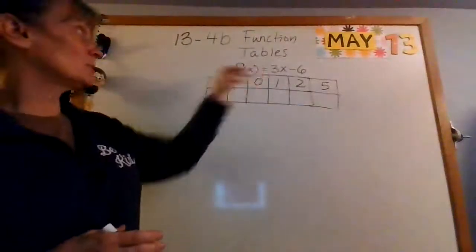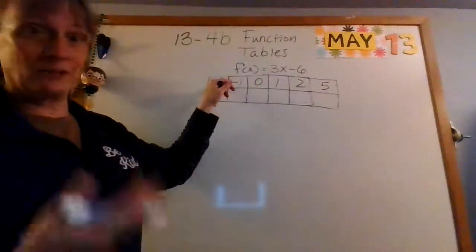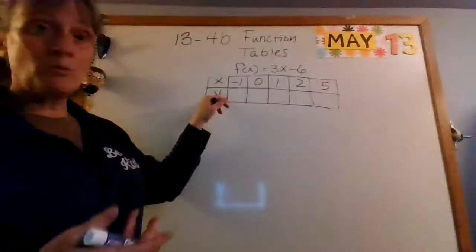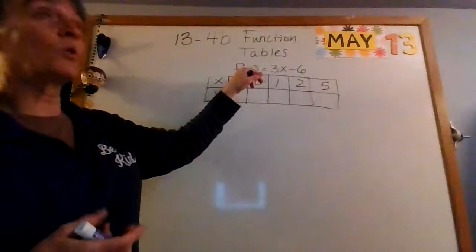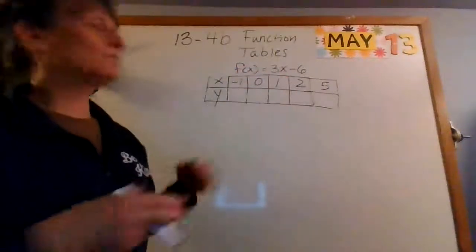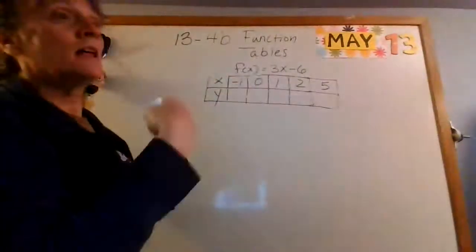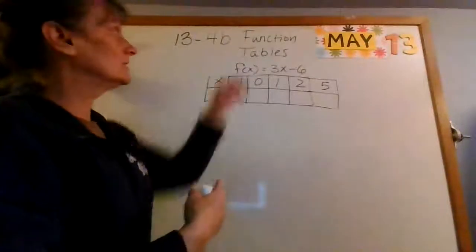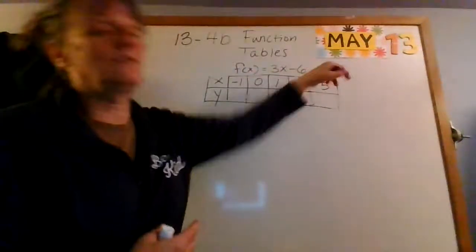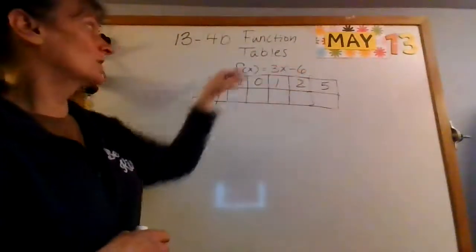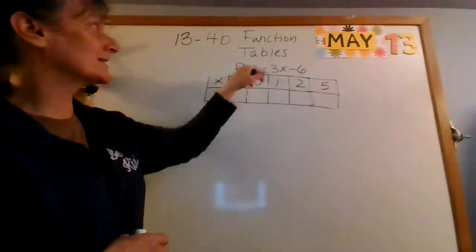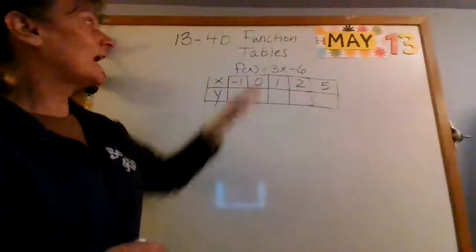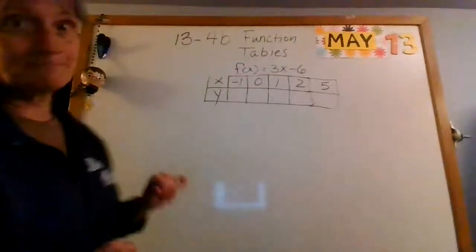These are interchangeable, just like I can say domain or input, range or output, or x or y. I can say f of x or y equals. And basically what that says is the answer to this function is 3x minus 6, when I put in my x here into here, I get the answer, okay?